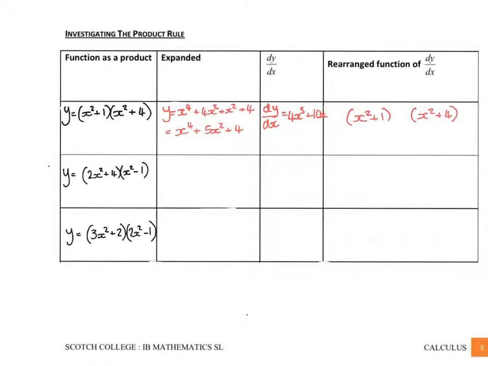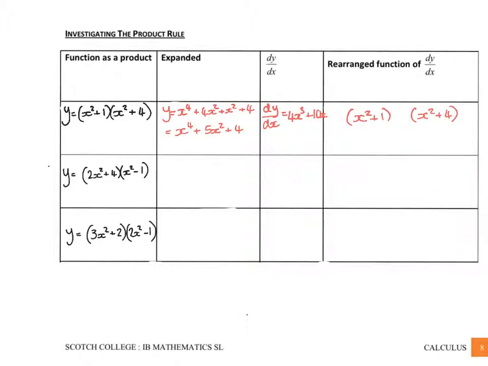Now obviously I know the answer already because I know the rule, but you're just going to need to have a play around as to what coefficients to put in front of those brackets. x squared and x squared is going to give us a 2x squared, but we're looking for an x cubed, so clearly there's going to have to be an x out the front of those brackets to make a cubic term.